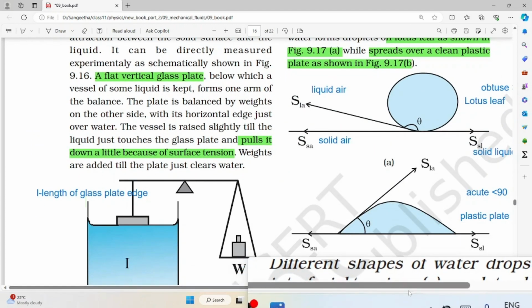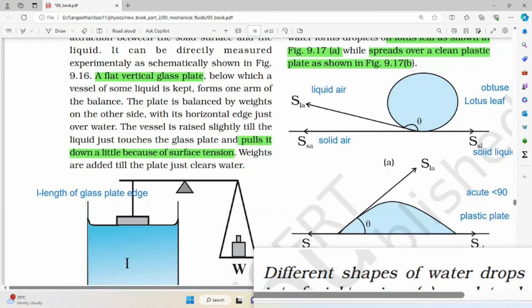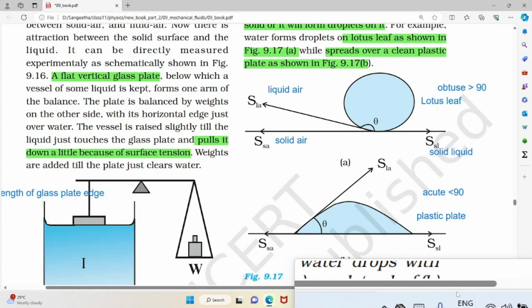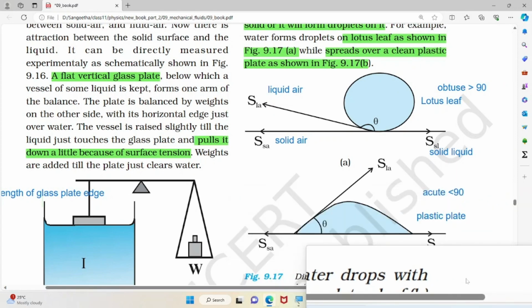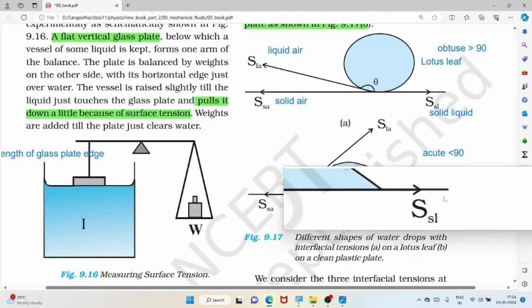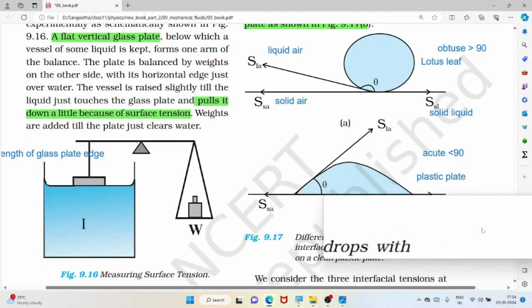Here, the intermolecular force of attraction is more than between the liquid and the solid surface. But in this case, the attraction between water molecules is less than between water and the solid, in this case glass.